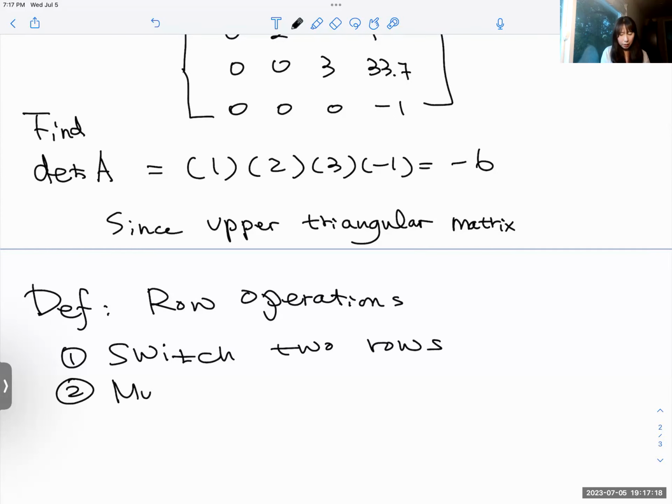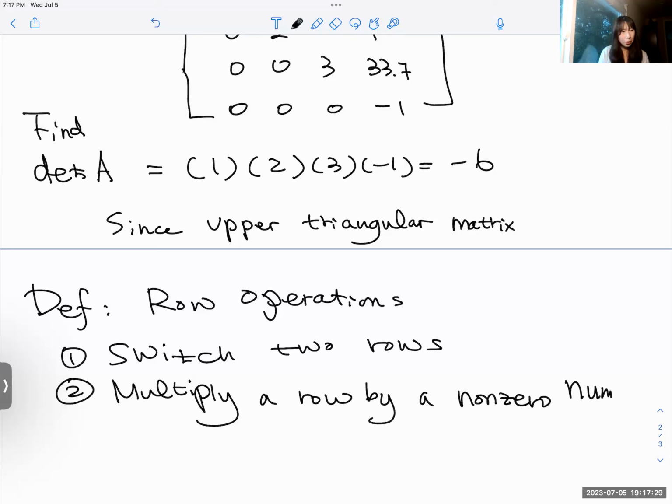Secondly, multiply a row by a non-zero number.